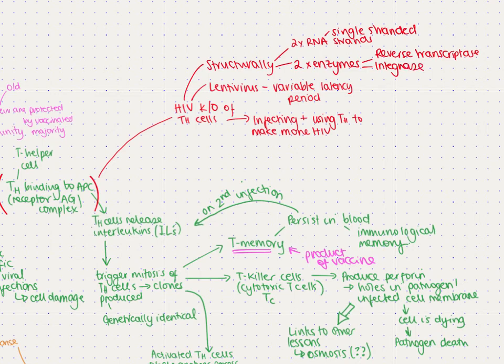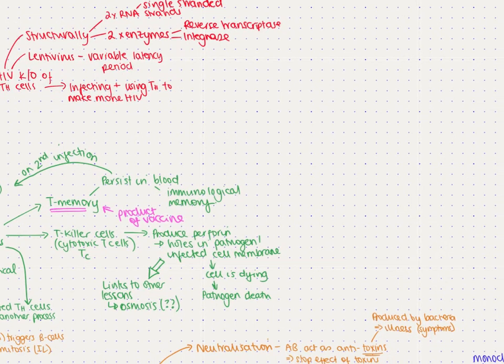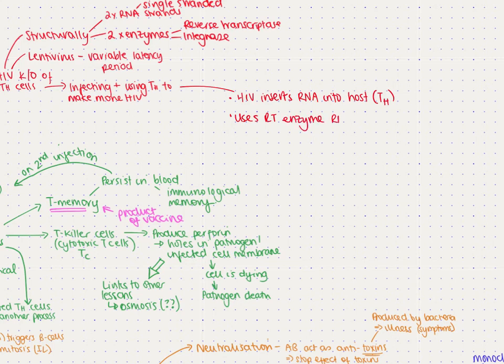And the way that HIV works, and if you're not sure about the whole process, then please go back to the lesson and take a look at it, is that HIV inserts its genetic material, so its RNA, into the host, and we know that that's the T helper cell, and it uses the reverse transcriptase enzyme to turn its RNA into DNA.